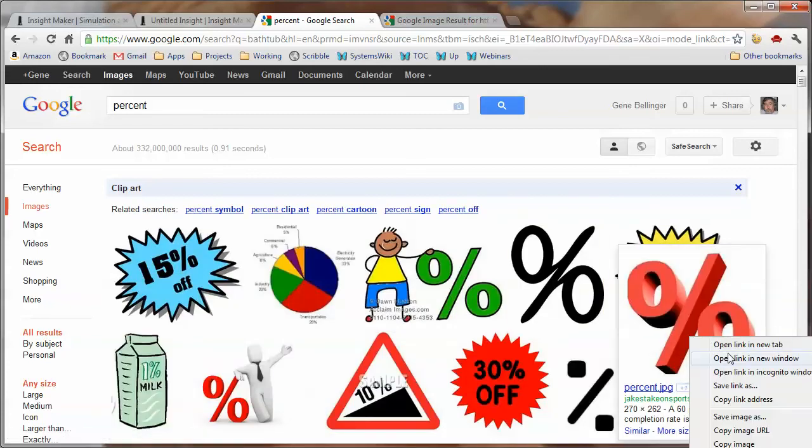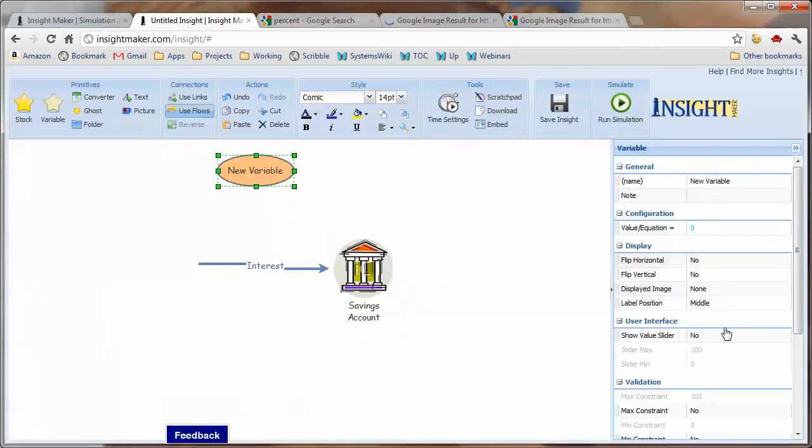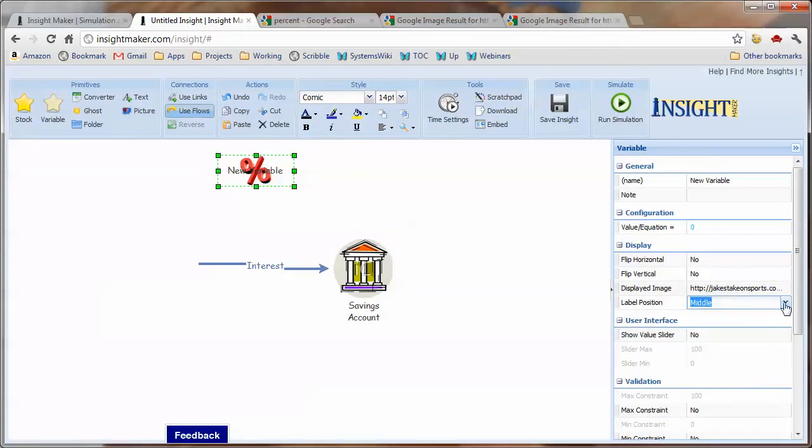Open a new tab, copy the image URL, and then go ahead and add that to the displayed image and move the label to the bottom, and that's supposed to be interest rate.